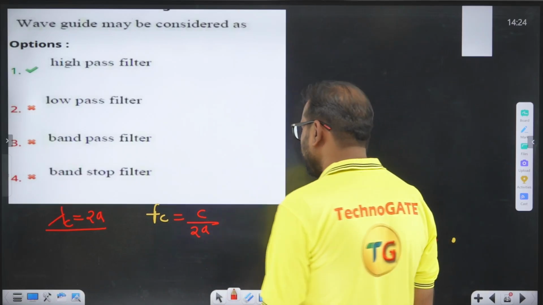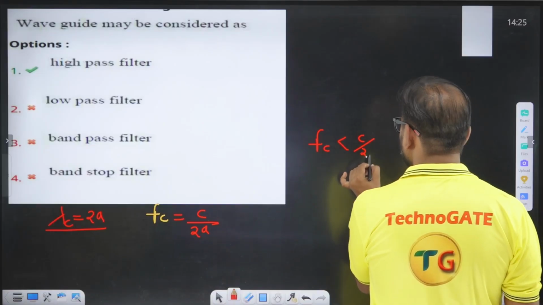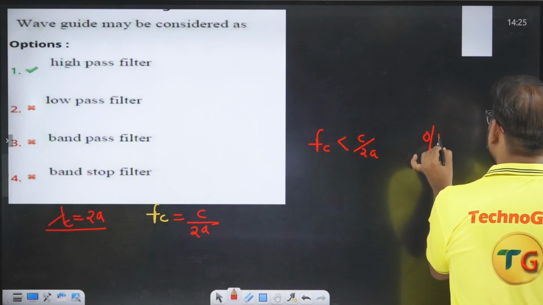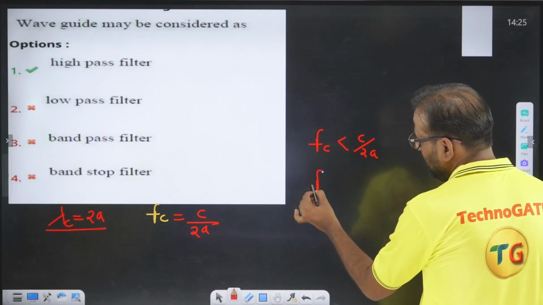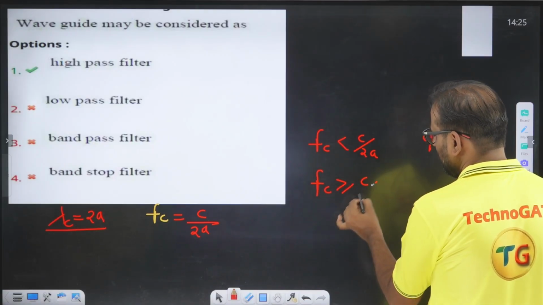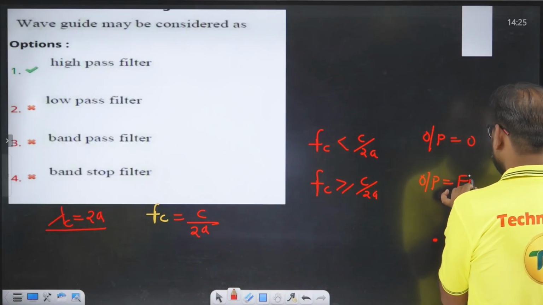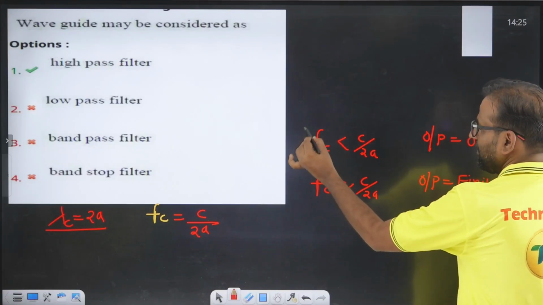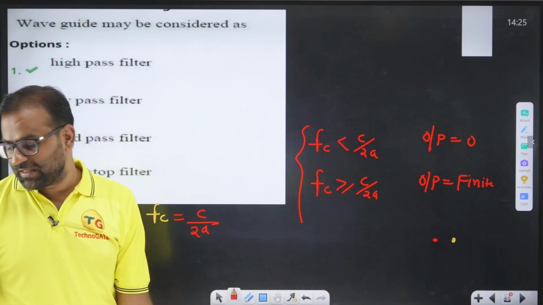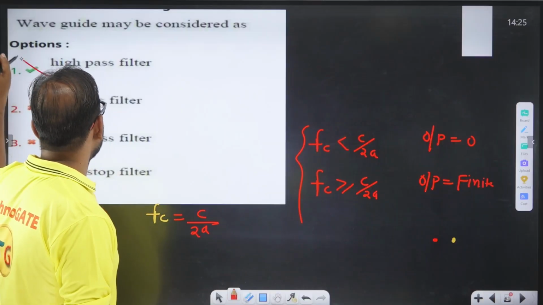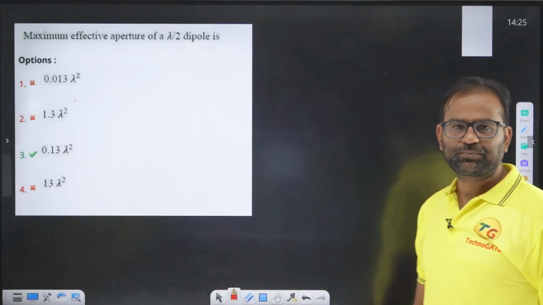Frequencies below C by 2A will generate zero output at the other end of the waveguide, and it allows only signals which lie in this range. For this, the output is finite. So something which does not entertain low frequency signals but transfers high frequency signals is known as a high pass filter. These are frequency selective networks.